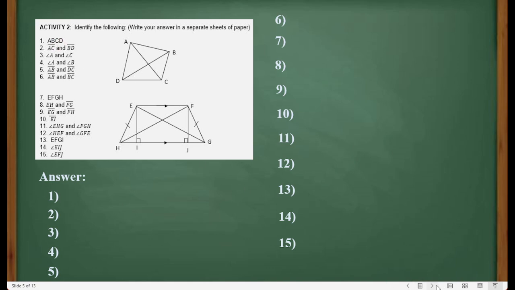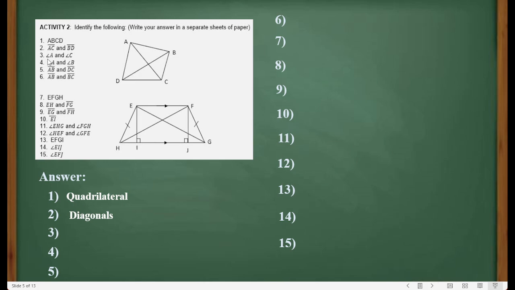So the answer to number 1 is quadrilateral. Now what about a pair of segments? Segment AC and segment BD. Where can we find those two segments? These are the segments. And obviously, what do we call this segment from this quadrilateral? We call it diagonals.